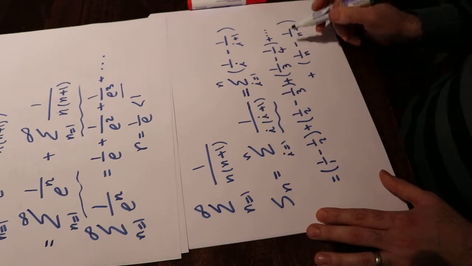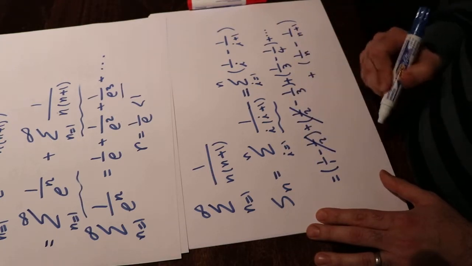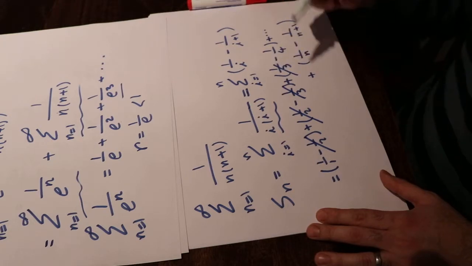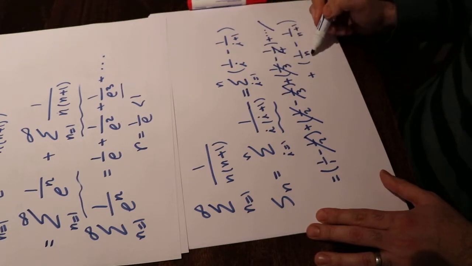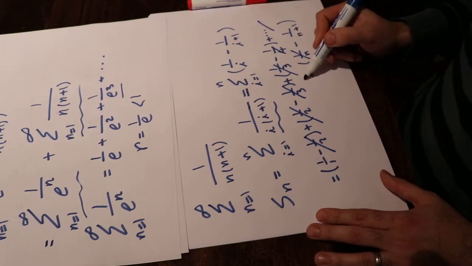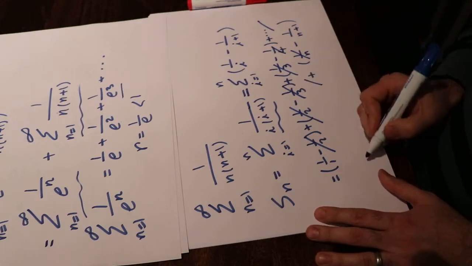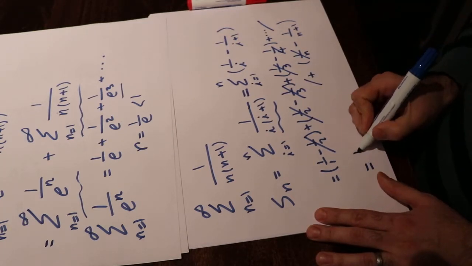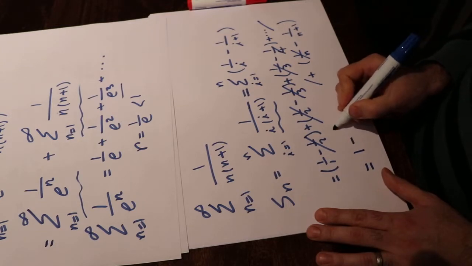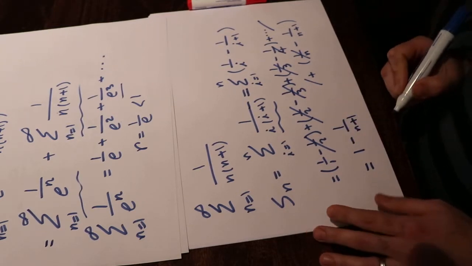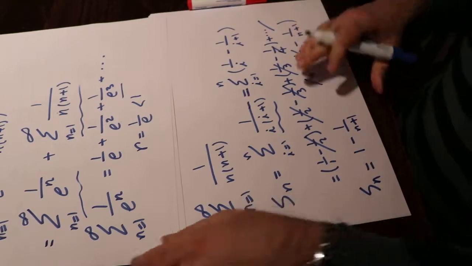As you can see here, this term is canceled out by this term. This term is canceled out by this term. That continues, and this 1 divided by n will be canceled out by the previous term. So all that will be left is the first term, 1, and the last term, minus 1 divided by (n plus 1). So this is equal to S_n.